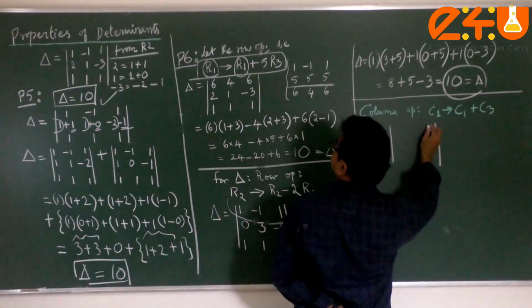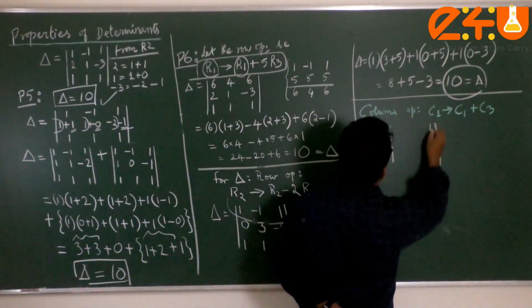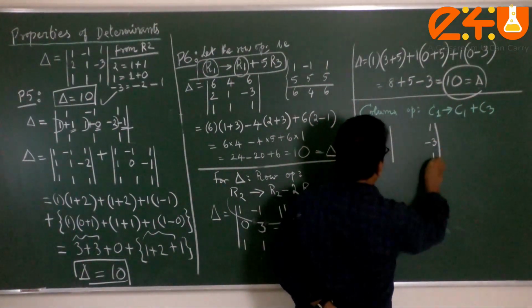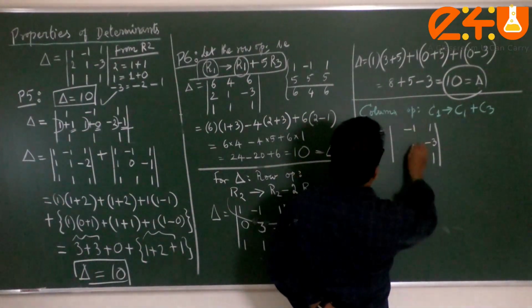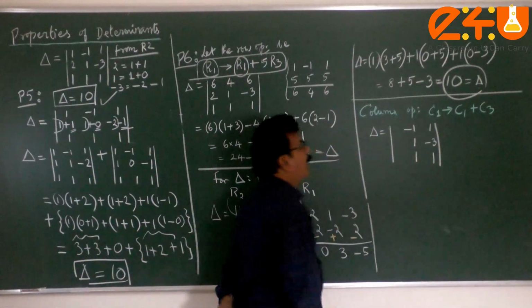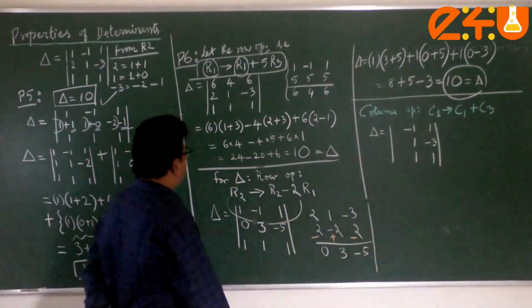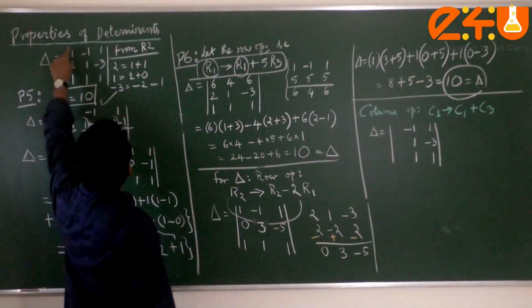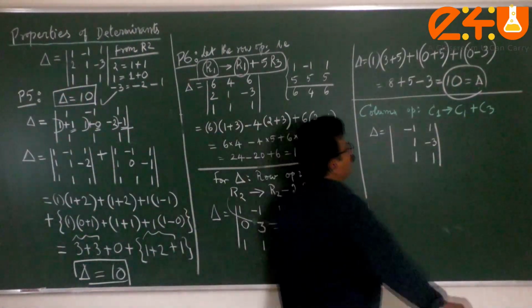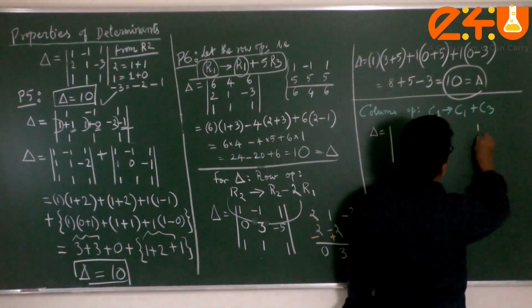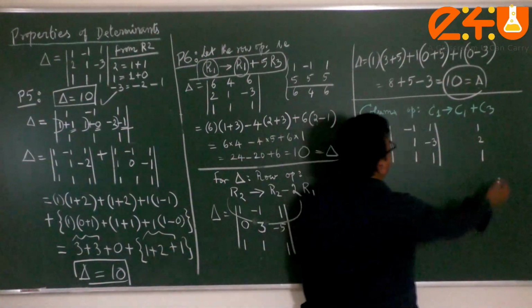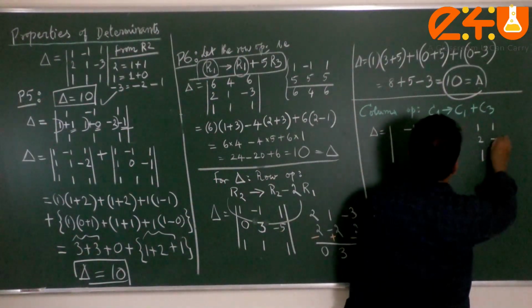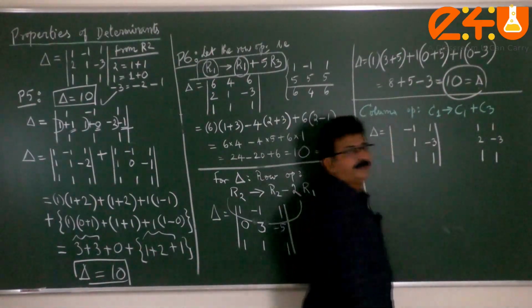So C3 is 1, minus 3 and 1. And C2 is minus 1, 1 and 1. Column 1 has elements 1, 2 and 1, and column 3 contains 1, minus 3 and 1.